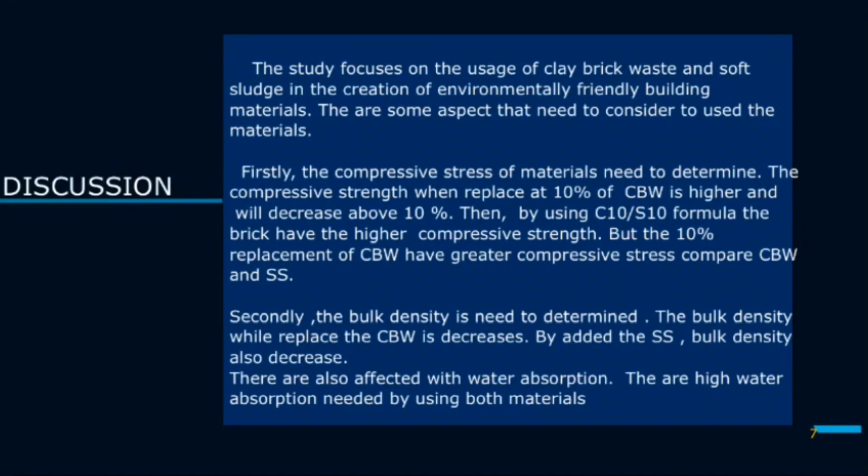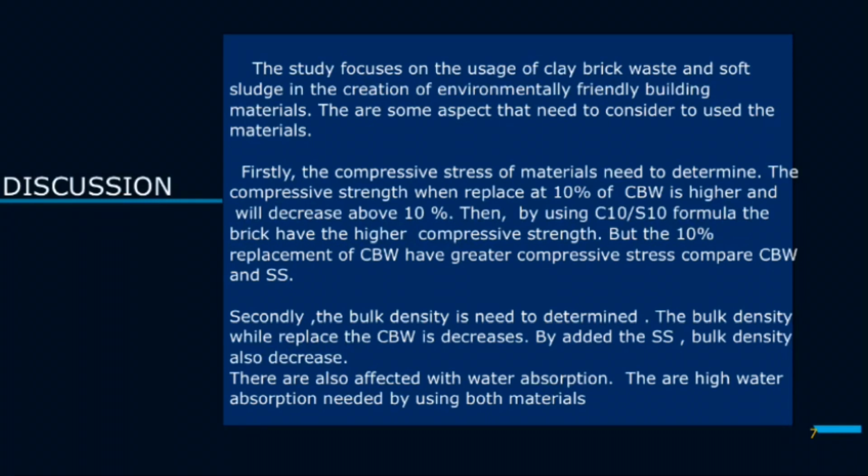Okay, next we need to discuss the results obtained. The study focuses on the use of clay brick waste and soft sludge in the creation of environmentally friendly building materials. There are some aspects that need to be considered to use these materials. Firstly, the compressive strength of the material needs to be determined.